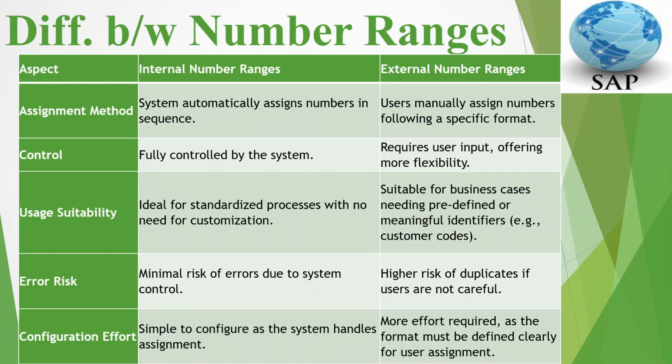Then configuration effort. Internal number ranges are easy to configure as the system handles the assignments. But in the case of external number ranges, more effort is required as the format must be defined clearly for the user assignment. So these are the differences between internal and external number ranges.